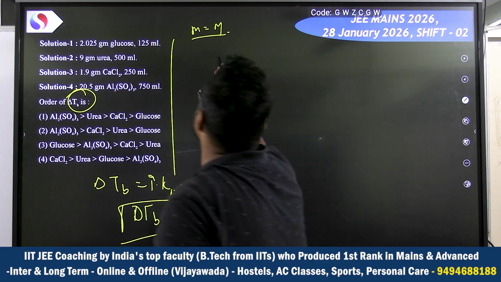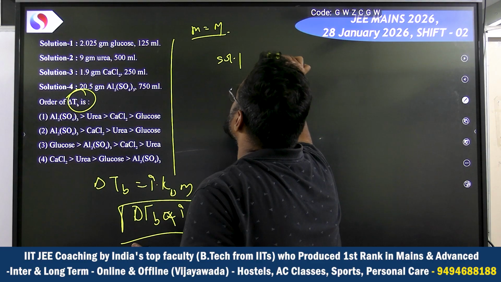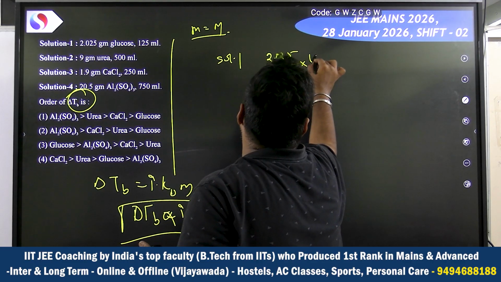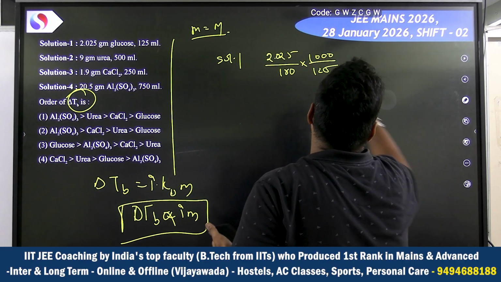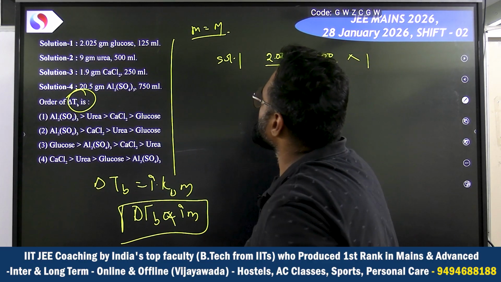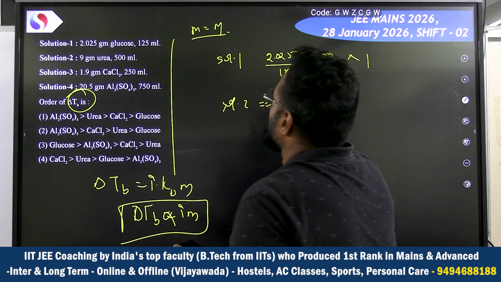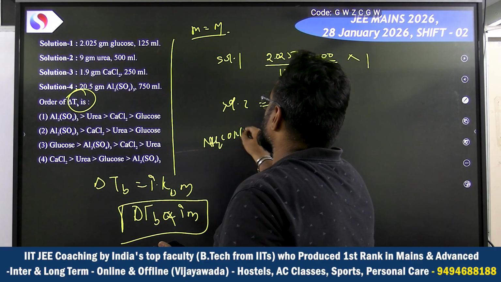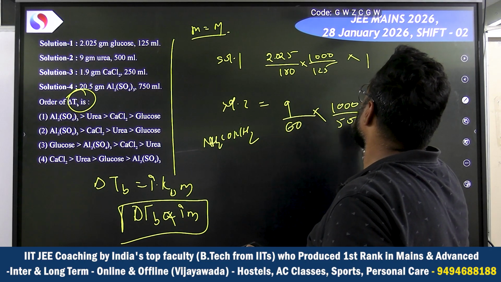Chalo. So for glucose, for solution 1, 2.025 upon 180 into 1000 by 125, into I is 1, correct? For solution 2, 9 upon urea, NH2CONH2, 60 into 1000 by 500.